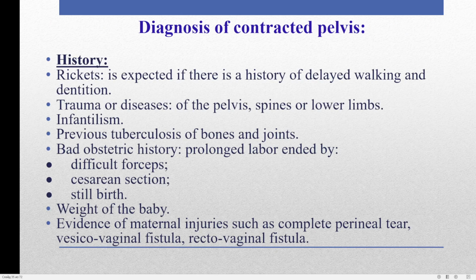Now we talk about diagnosis of contracted pelvis. First of all, the main part of diagnosis is history or anamnesis, because we must know about different diseases or traumas of the pelvis, maybe about some hormonal changes, hormonal diseases, previous tuberculosis of bones and joints, bad obstetric history, prolonged labor ended by difficult forceps, cesarean section or stillbirth.